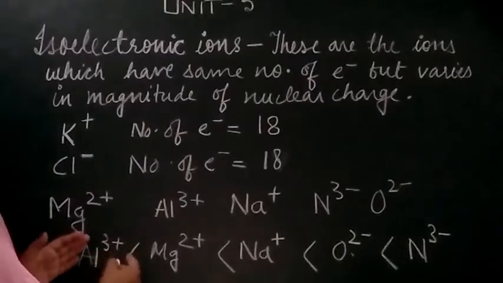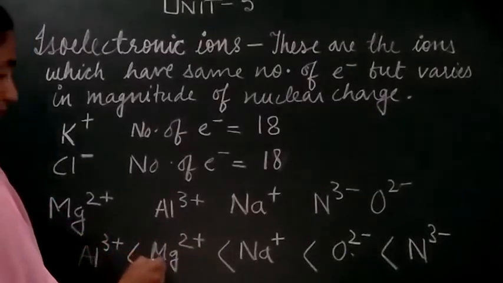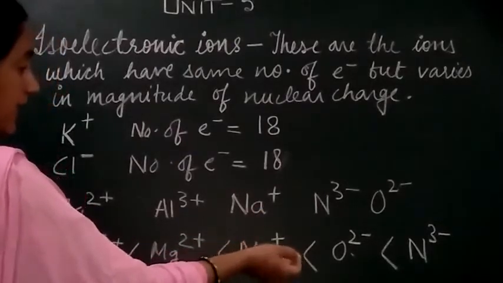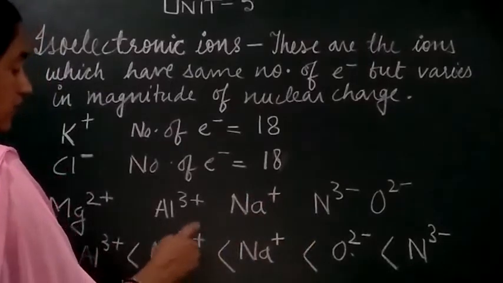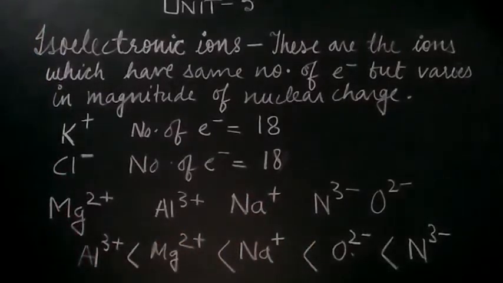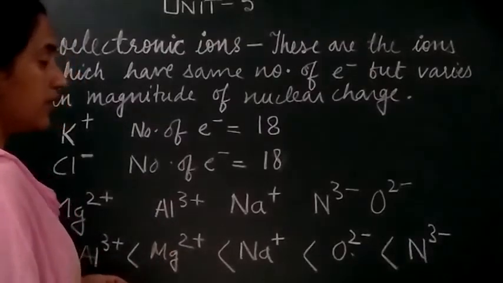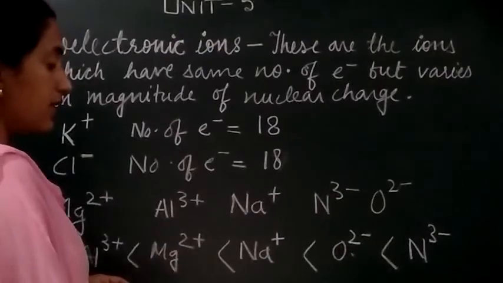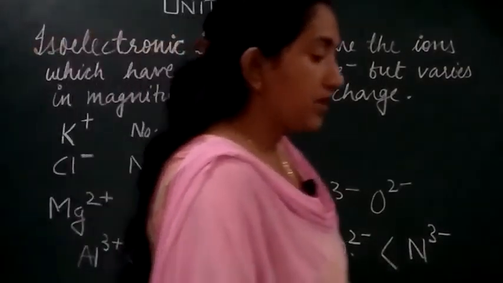As we move ahead, coming to magnesium ion, then the sodium ion, then the oxide ion and the nitride ion, the magnitude of the nuclear charge is decreasing. What is happening, students, here? Since the effective nuclear charge magnitude is decreasing, there is an increase in the size of these ions, right?